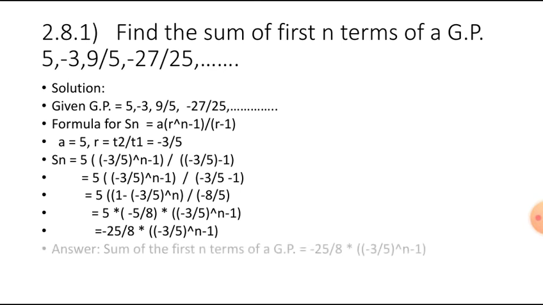Since in this sum we don't know the value of n, we will just apply the letter n. If it were the first 6 terms or first 12 terms, then we could apply that value of n. But in this case we don't know n, so we simply use n. And finally we get 25 by 8 minus 25 by 8 into minus 3 by 5, the whole power n.